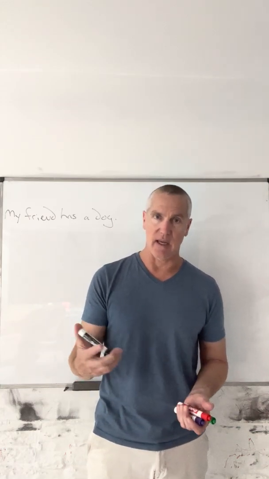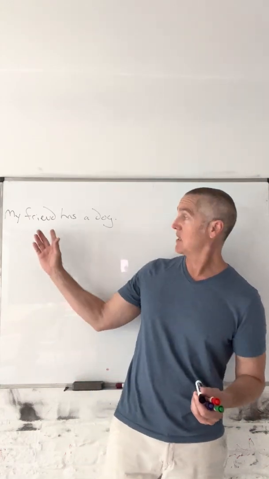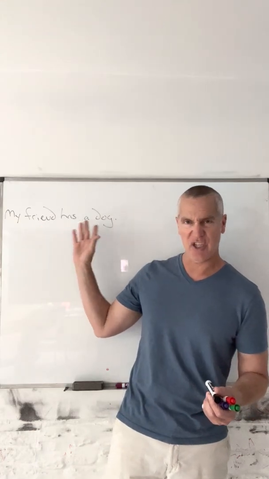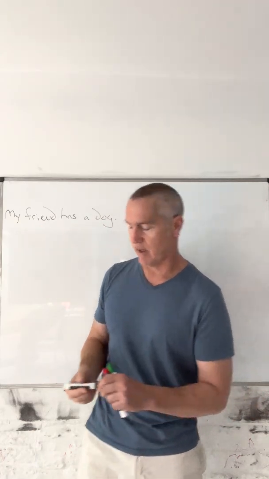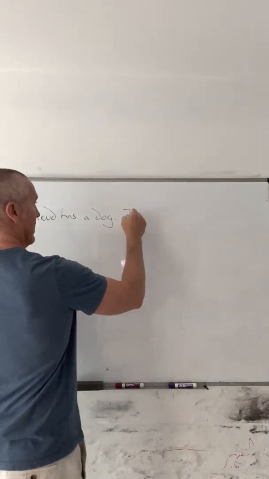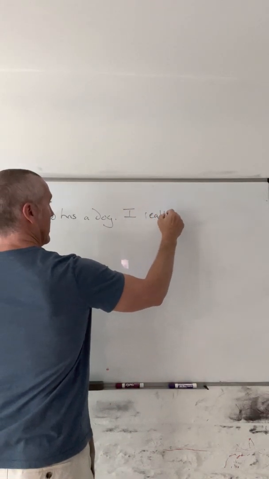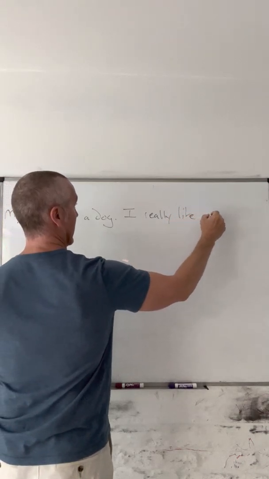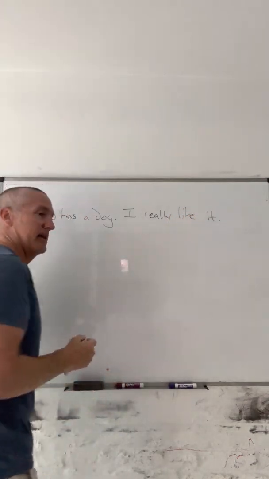So I will use it in this case just because maybe I'm not sure of the gender of my friend's dog, right? So my friend has a dog. I really like it, right?